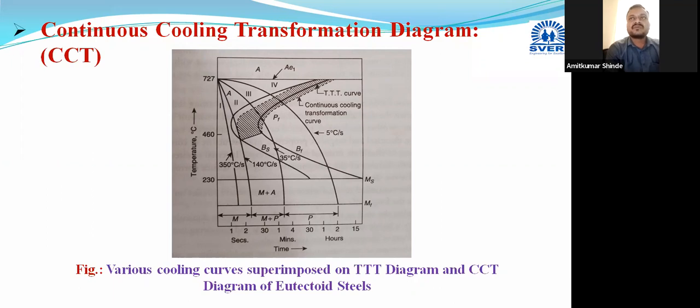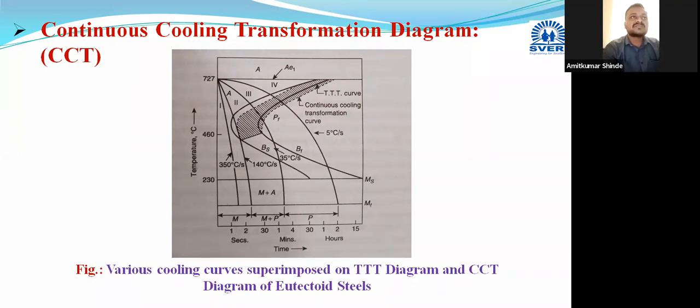During that process, we are not going to use a constant temperature. Some continuous cooling is occurring there. Hence, we are not getting the transformation diagram in the same way as we indicate in the TTT diagram.